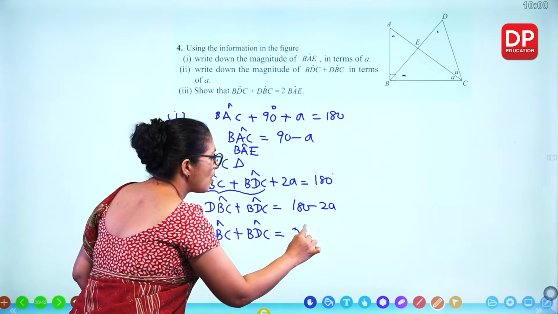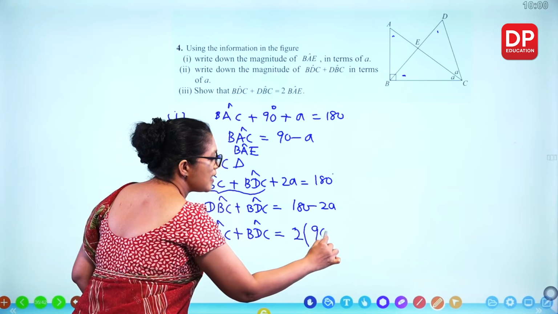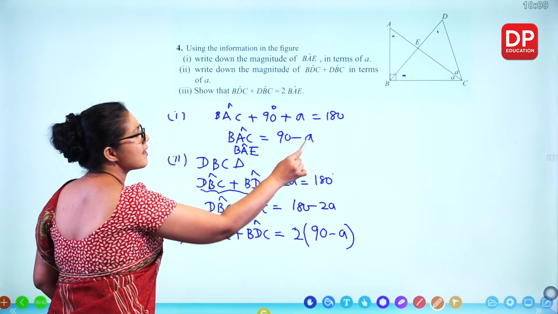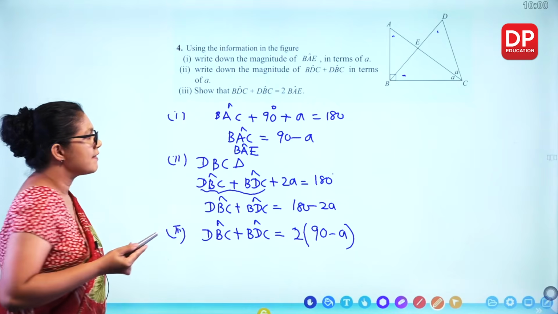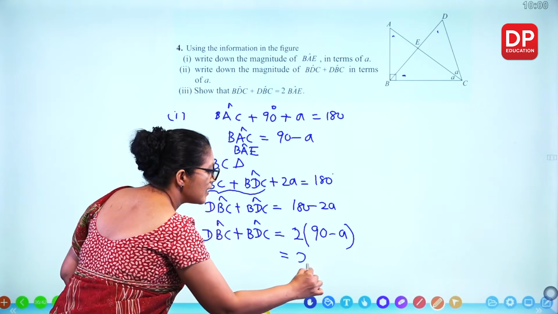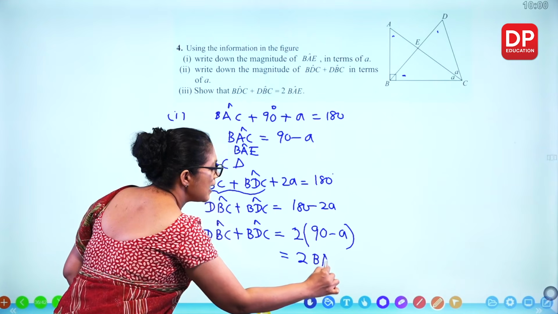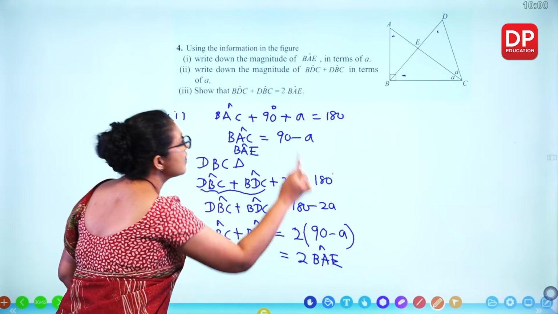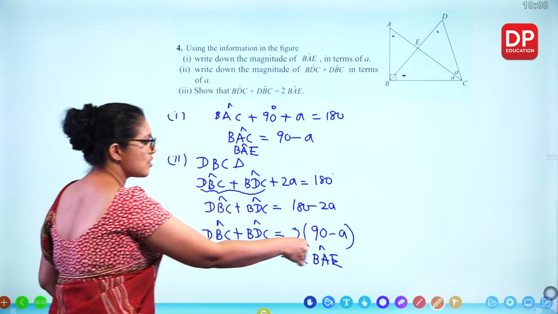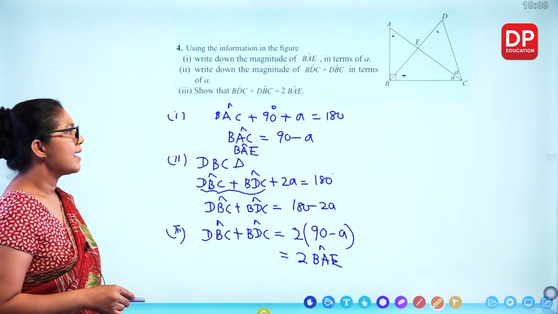When I take 2 out, I get 90 minus A. What is 90 minus A according to this one? That's BAE angle, so I can substitute BAE. So here they want these two angles to equal 2 times BAE angle.